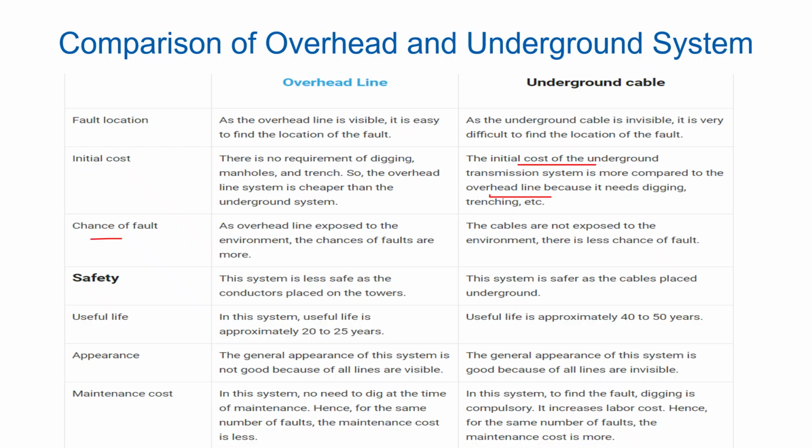The chance of fault is more in overhead transmission line or overhead power system, because the conductors that are laid in the overhead are exposed to the environment like wind, rain, thunder, etc. But the cables are not exposed to the environment, hence the chance of fault is less in underground system.